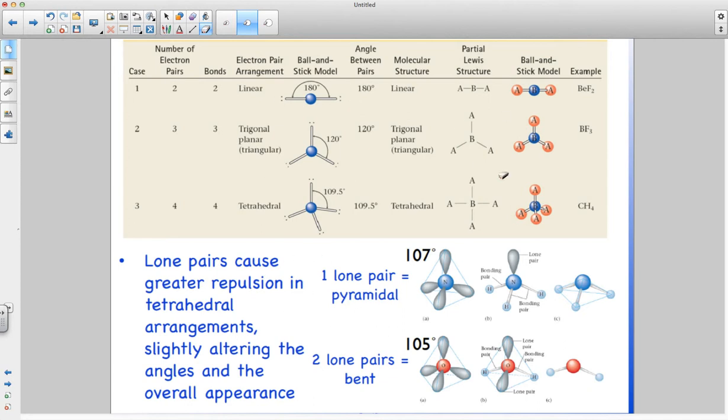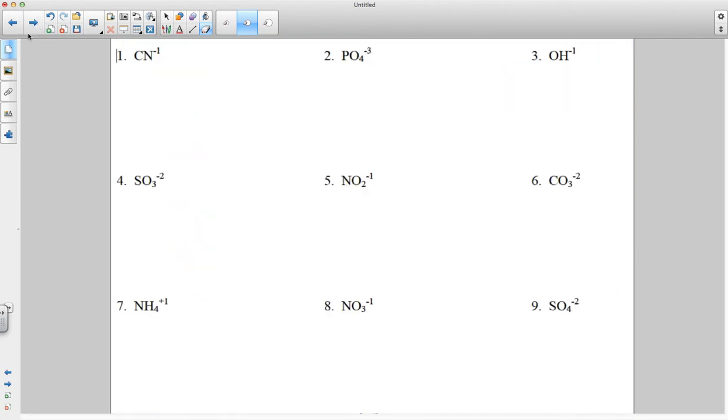Find your actual structure over here, and then make sure that you not only name it properly, but that you are also saying the bond length. Okay, and these are just going to give you some more practice. I would highly recommend, even if you finish them, just going back over these and doing a few more, just so that you definitely have a good understanding of these.